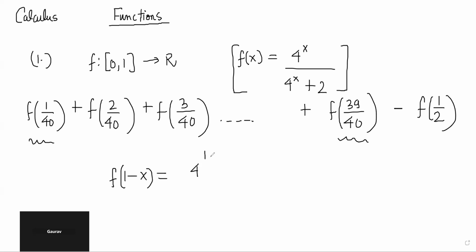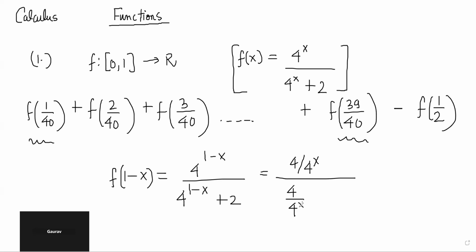It will become 4 into 1 minus x by 4 power 1 minus x plus 2. So that is 4 by 4 power x divided by 4 by 4 power x plus 2, right? If you simplify this, you can multiply 4 power x everywhere. So you get 4 by 4 plus 2 into 4 power x, right?